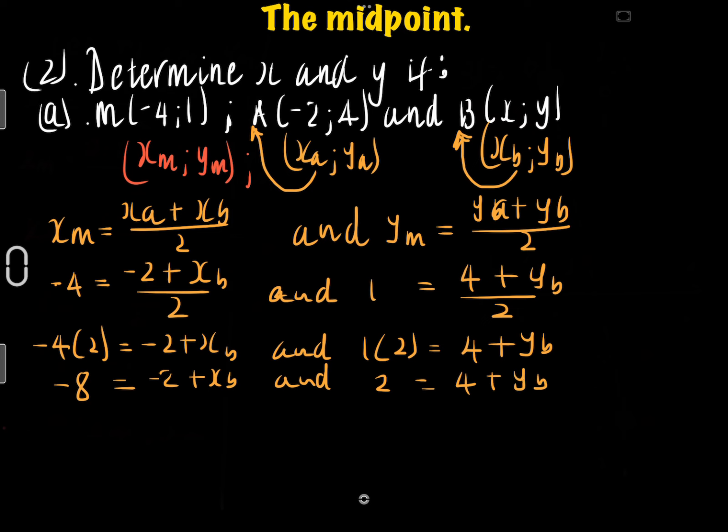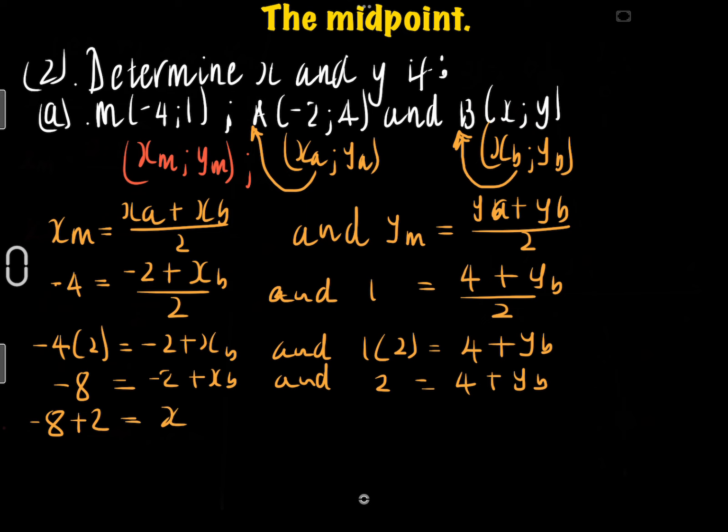Okay, and now notice we have constants. -8 and -2 are constants. And then we have xb, which is a variable. So we're going to have to bring our constants together. So in this case, we already have -8 on one side of the equal sign, and then we have -2 on the right hand side of the equal sign. So if it moves over, it becomes +2.